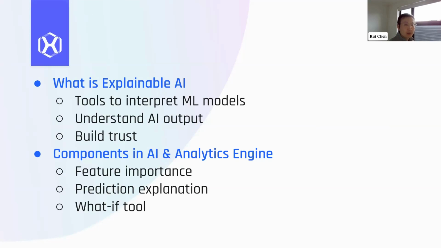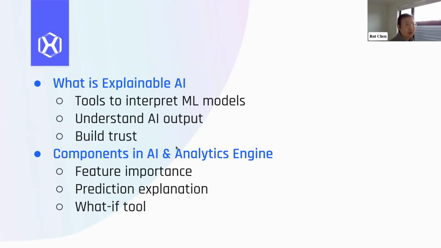Explainable AI is basically a set of tools to help interpret machine learning models. It makes model outputs easy to understand, which gives us a lot of confidence when using a model for prediction and further decision making.